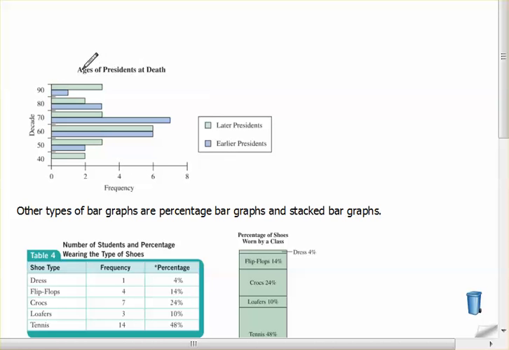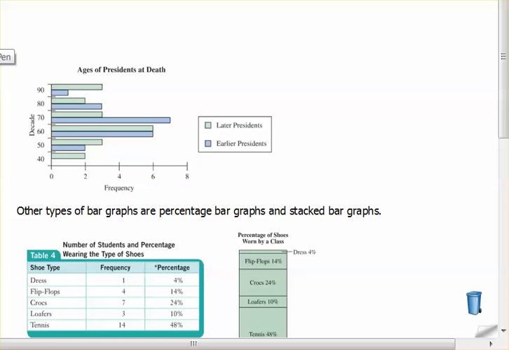So notice that each one of our graphs always has a title, and also that the axes are labeled. I almost forgot the word there. Our axes are labeled. Let me erase that off of there.